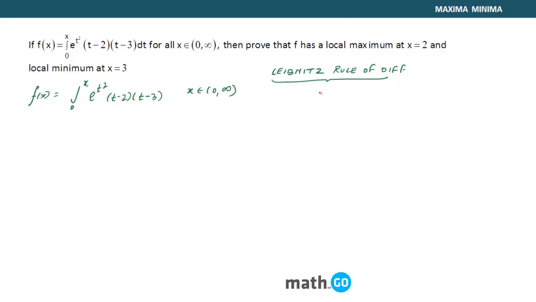The formula is that if f(x) is the integral from 0 to x of some other function, let's say g(t), getting integrated with respect to t, then f dash x would be nothing but you change this x over here inside g, that is g(x). As simple as that.